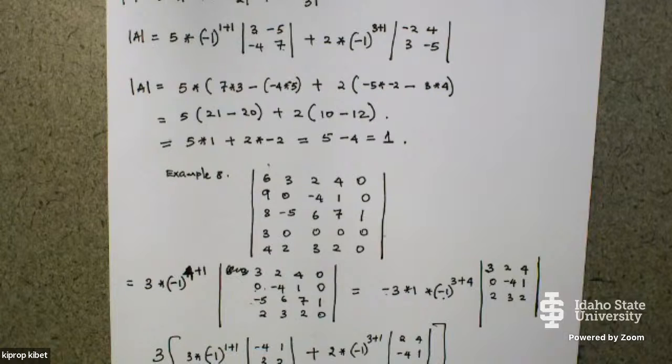So this is 3 for this, and then we are deleting the first row and the first column. So 1, 1. And then what remains is. Now the next one is 0. So when you multiply it by 0, it becomes 0. 2 multiplied by, we are deleting the third row and the first column, 3 plus 1. 2, 4, 2, 4.